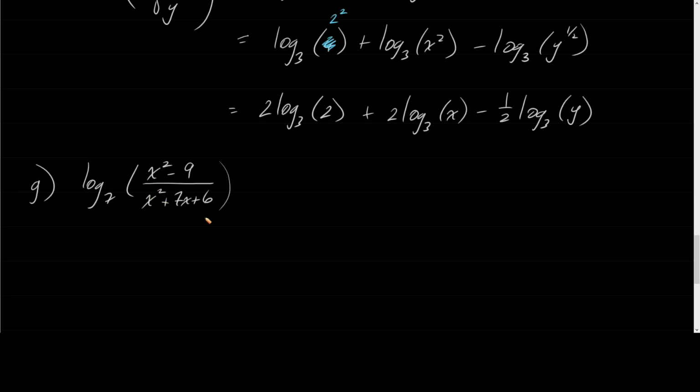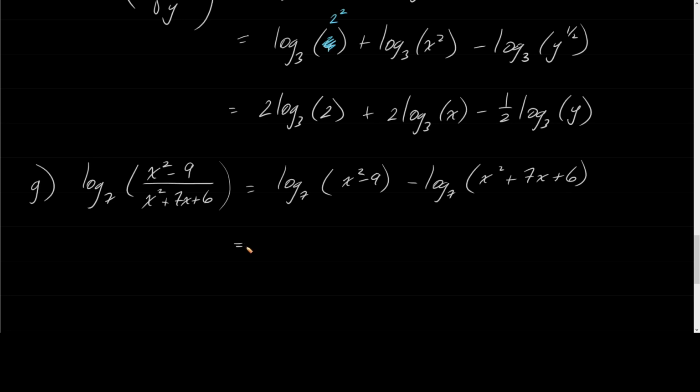All right. So the first thing I'm going to do here is I'm going to use the quotient rule. And this is going to be just simply log base 7 of x squared minus 9 minus log base 7 of x squared plus 7x plus 6.